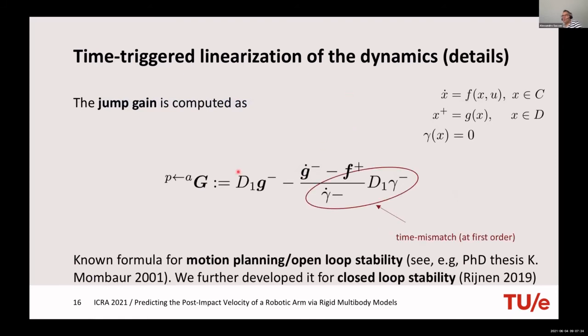Here is actually a little bit of the details about this jump gain that I was describing. So when you linearize the dynamics, there's something that depends on the derivative of the jump map here, as well as a term that takes into account the time mismatch of the first order. So if you're familiar with the work of Katja Mombaur in 2001, for example, open loop stability of robot running, you will see that these kind of formulas are there for optimization and stability.